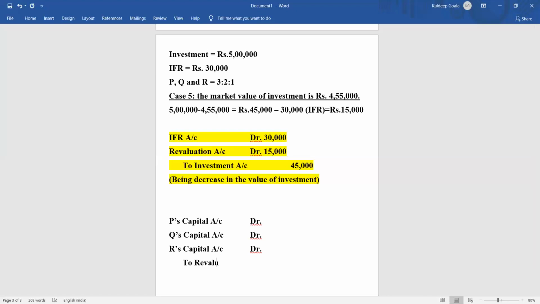Okay, revaluation account. What is the loss? The loss is 15,000, isn't it?